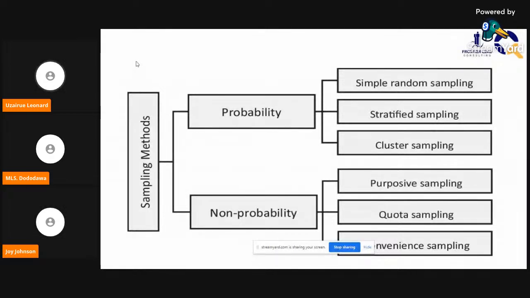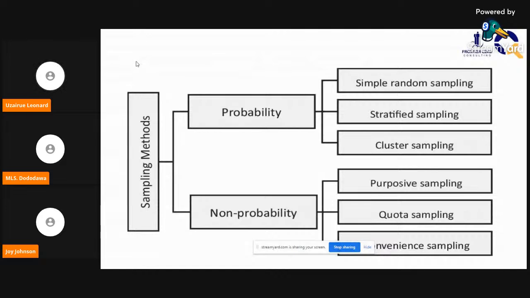All right. So I was talking about the probability sampling method. That has to do with the method where every member of the population has a chance of being selected.